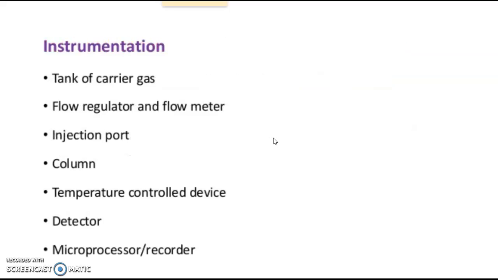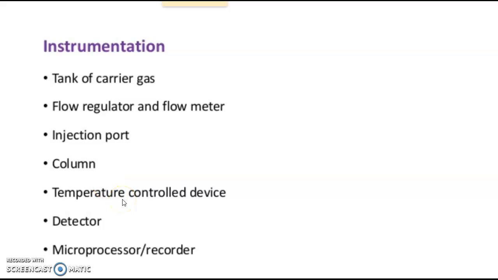And the next one is the instrumentation of GLC, which consists of a tank of carrier gas and a flow regulator and a flow meter, which regulates the flow of the carrier gas into the column. Next one is the injection port. The injection port is where the sample is introduced into the column, and this is the column. Next one is the temperature controlled device.